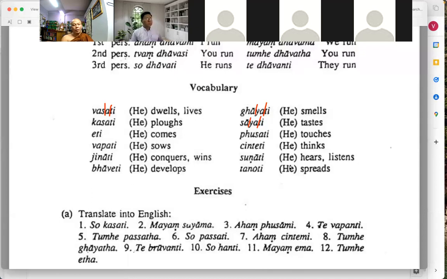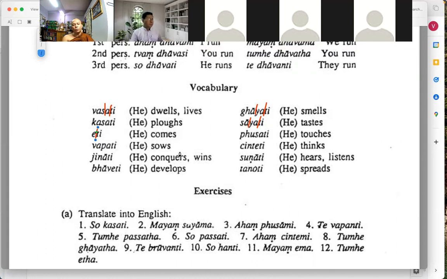And then the next verb means he comes. By removing di, we have the base e, also okay. So eti, he comes.